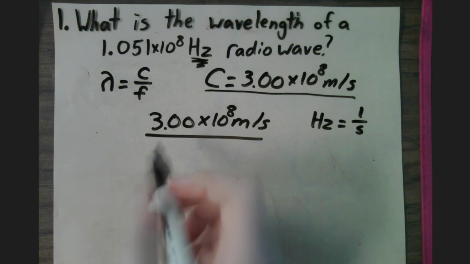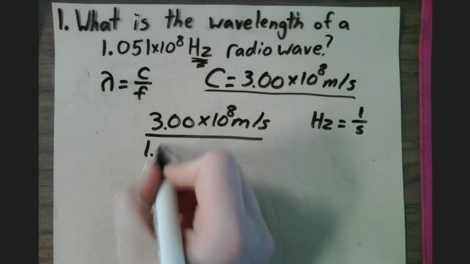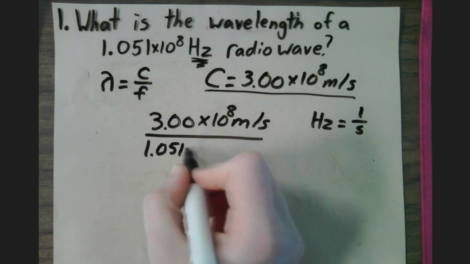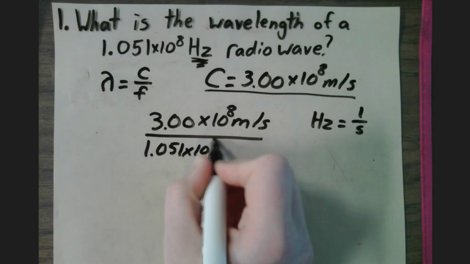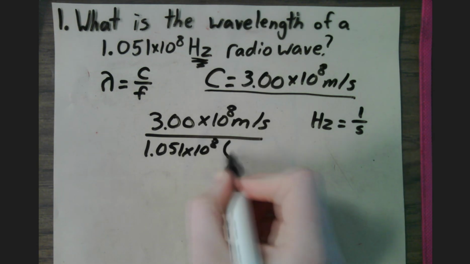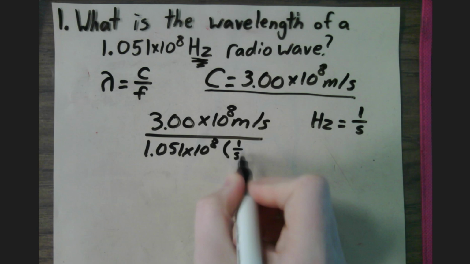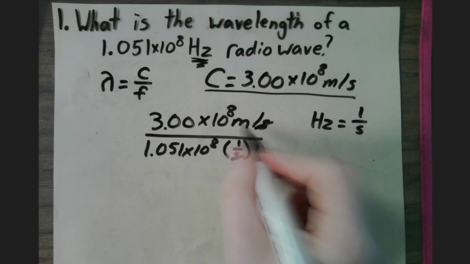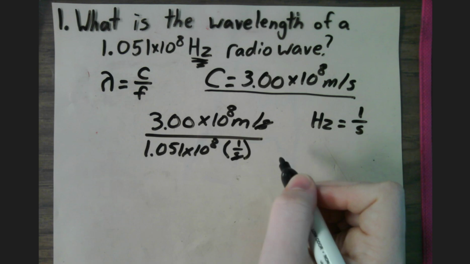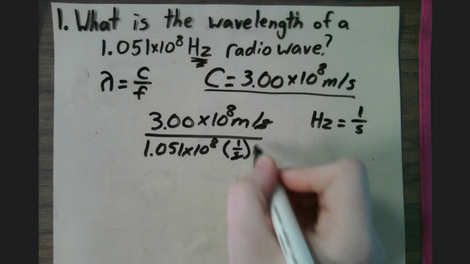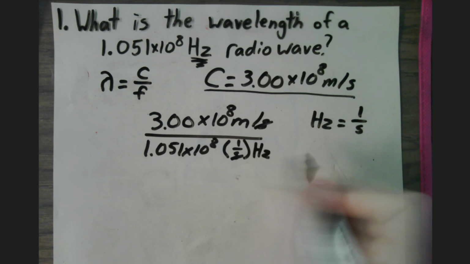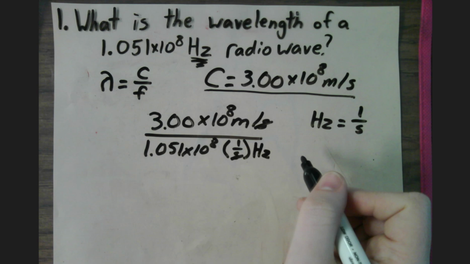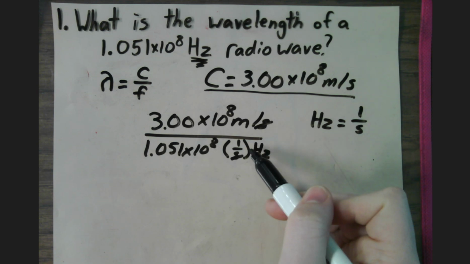So it'll look something like this: 1.051 times 10 to the 8th, 1 over s. Now when you do that math, s is canceled out, and so you're just left with meters for our answer. But you can continue going with the hertz here on the side if you would like. This is just explaining the units and why we'll get meters at the end.